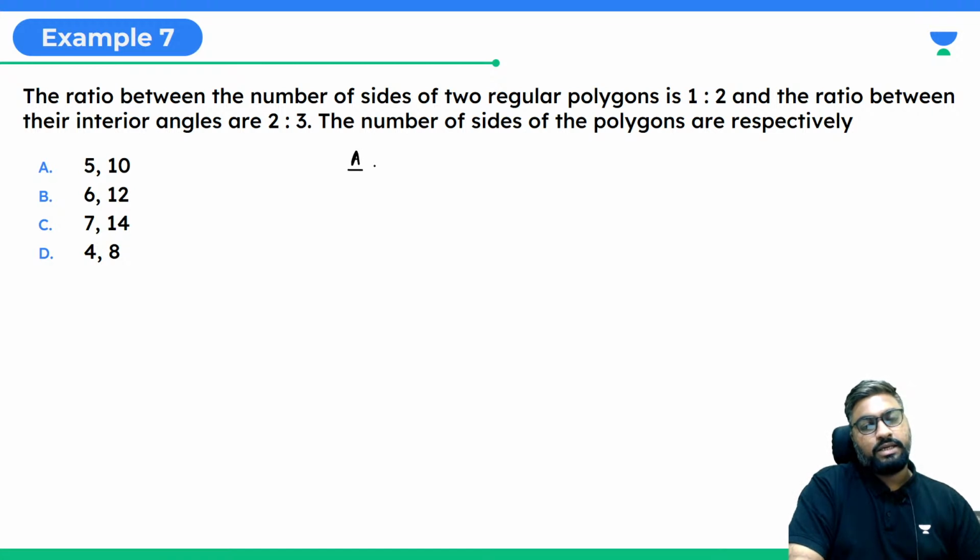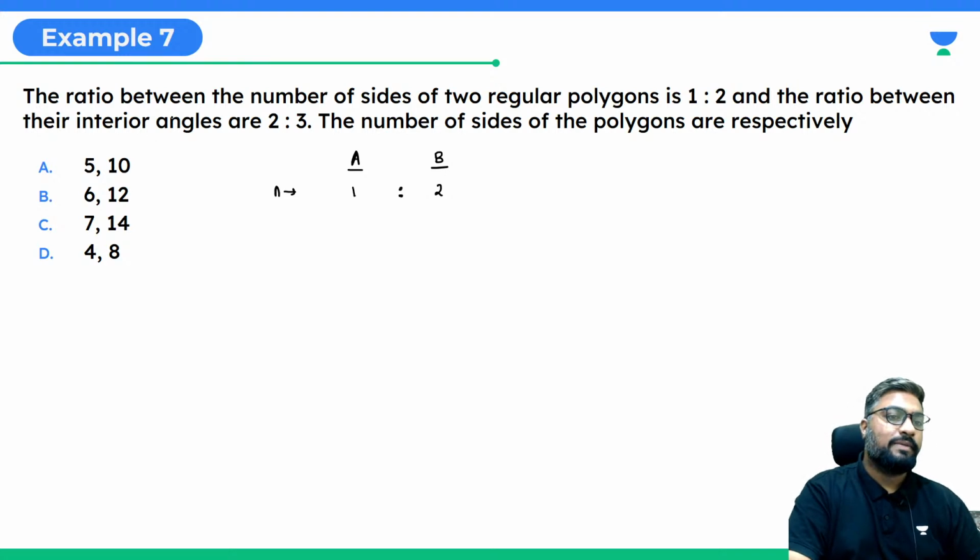So there are two polygons, they're saying A and B. They're saying the number of sides n, number of sides n, उसका ratio क्या है? 1:2. And the ratio between their interior angles is 2:3. Yeah, they're asking what could be the number of sides for these two polygons.